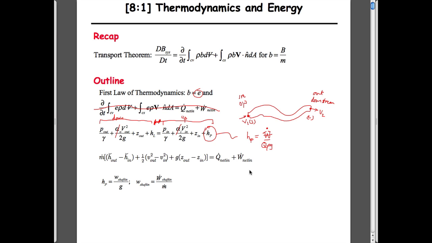Typically pump capacities are defined in terms of power, but all of these terms are written in terms of length. You have to add apples to apples, so elevation, velocity head, and pressure head are all units of length.